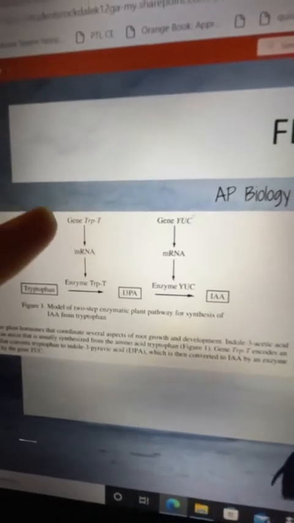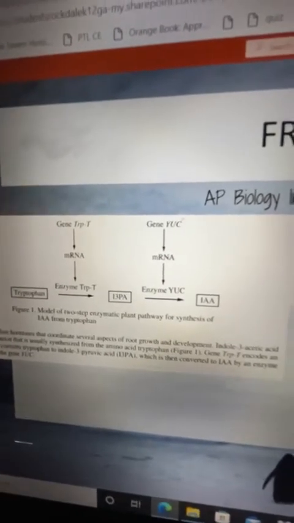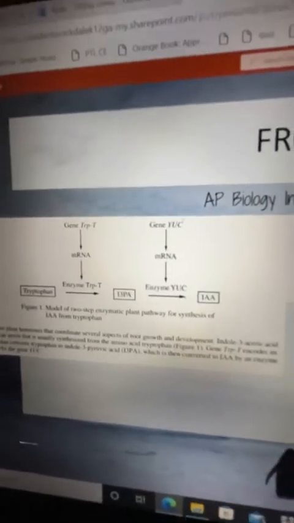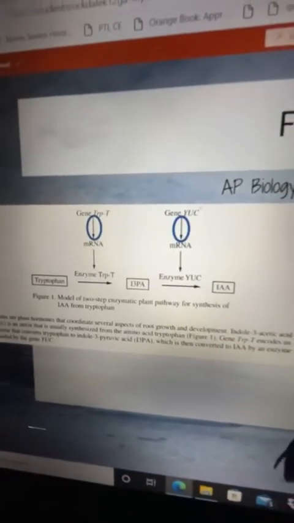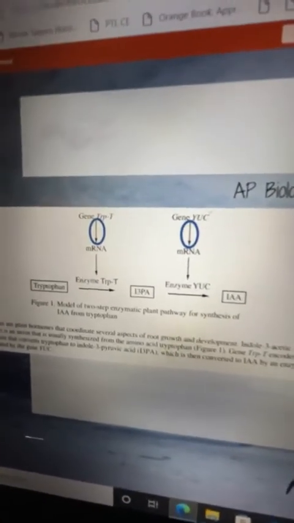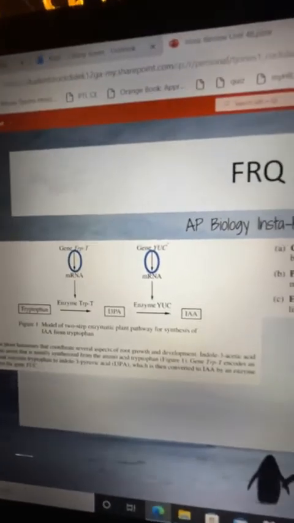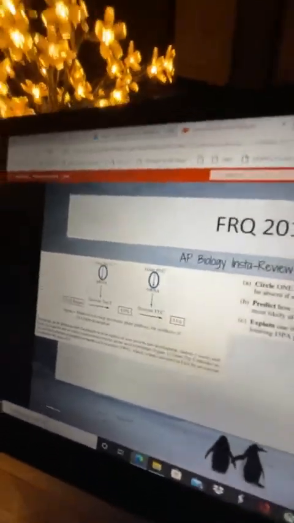Transcription is when I take my DNA, my gene, and I transcribe it into mRNA. So you would have to circle one of those arrows. It doesn't matter which one you circle, but you have to circle only one arrow. If you circle both arrows, you do not get credit. Be very clear in your instructions. Read your prompts. If it tells you to do one thing, only do one thing.